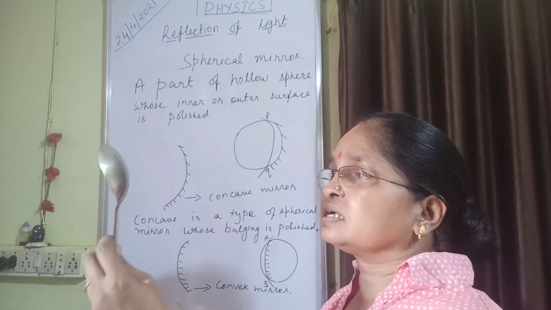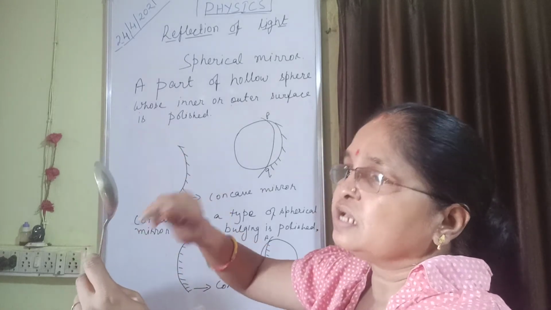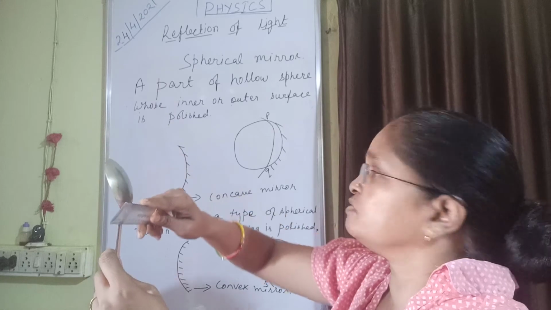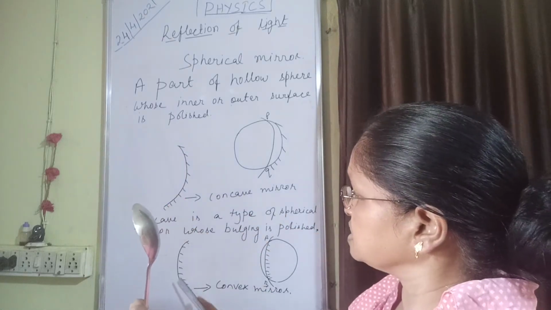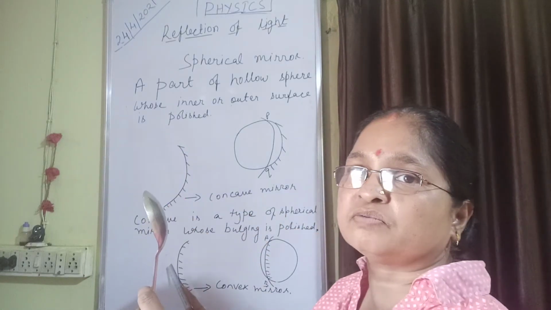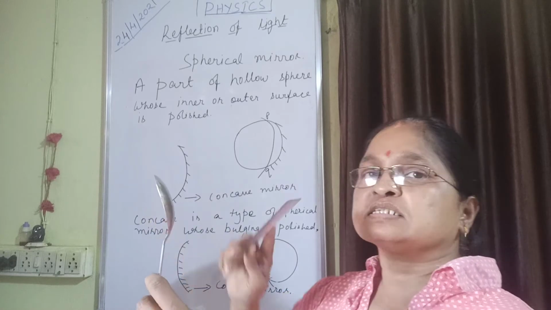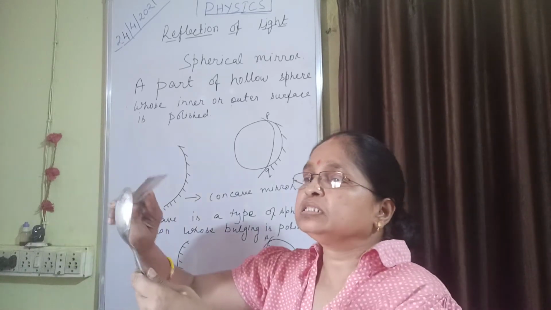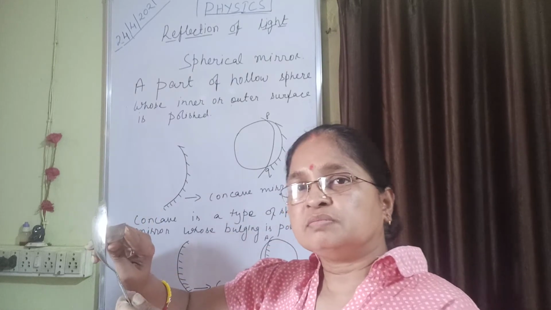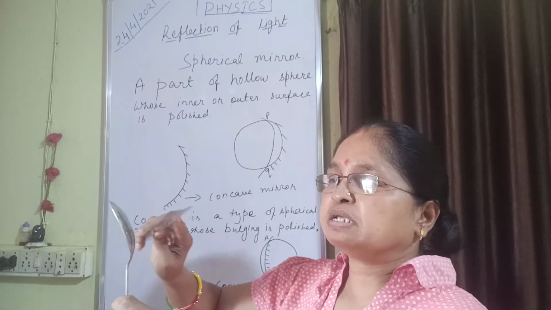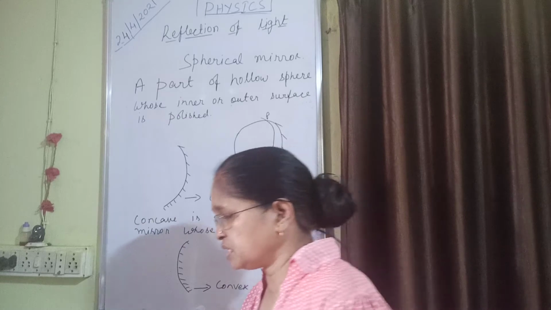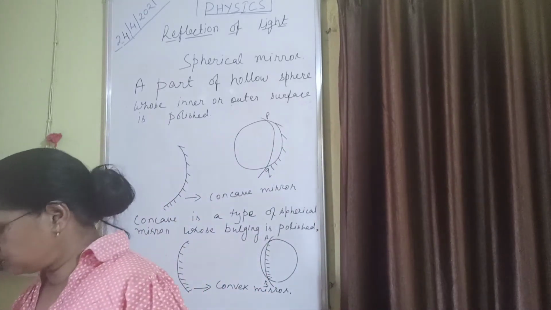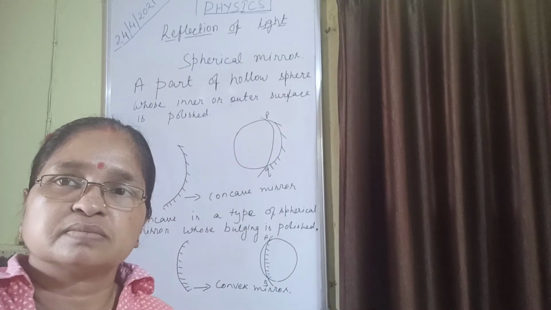And if we see our face from the outer surface, the bulging part is reflecting, so this acts as a convex mirror. So the inner part of a spoon is a concave mirror and the outer part is a convex mirror. So let us proceed next.